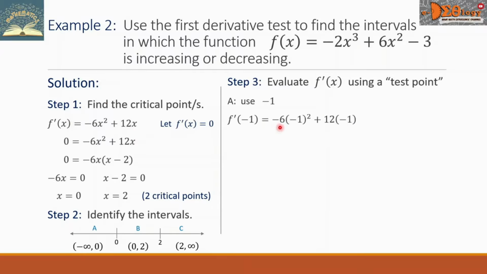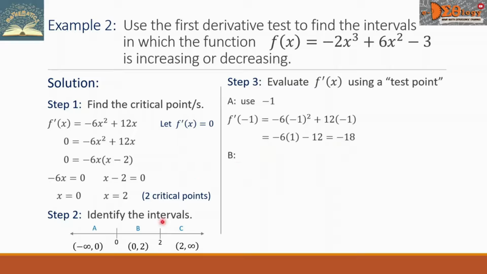So we have now negative 6 times the square of negative 1 plus 12 times negative 1. The square of negative 1 is positive 1. And then 12 times negative 1 is negative 12. Now let us simplify further. Negative 6 times 1 is negative 6 minus 12, so we combine as negative 18.